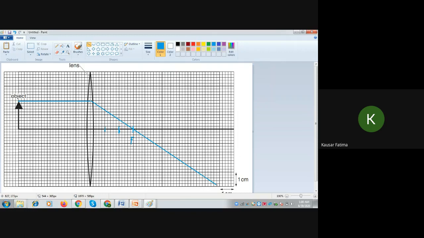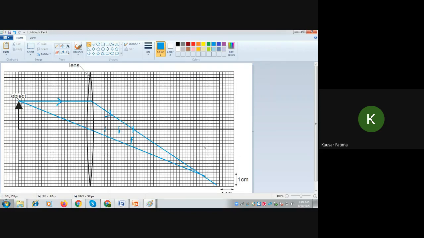Of course, two rays are needed. Put an arrow to show the ray going this way. Now, another ray, the common one, striking the optical center. This is the point where the rays are meeting.